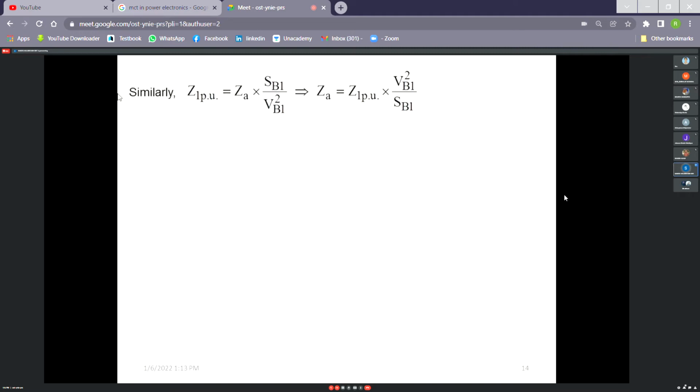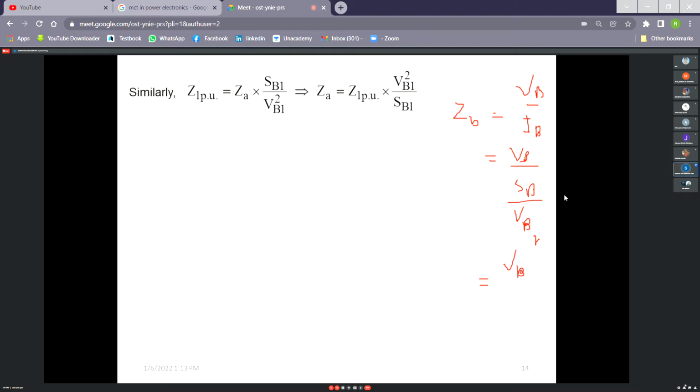Similarly, for the impedance, obviously in the first base system, it will be ZA into SB by VB1 square, because ZA by ZB is... I am writing this repeatedly so that you can visualize it and memorize it. IB is SB by VB, that's why ZB is VB square by SB.